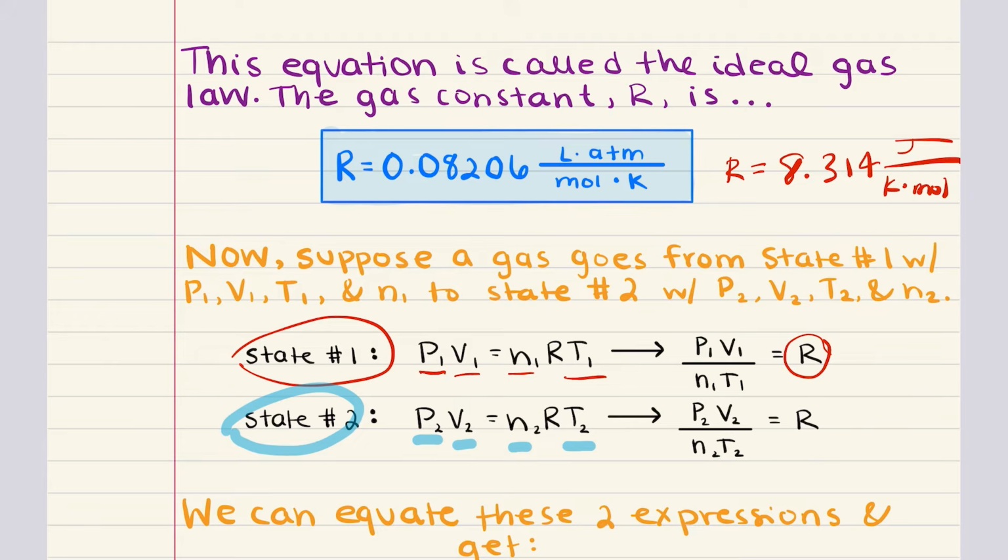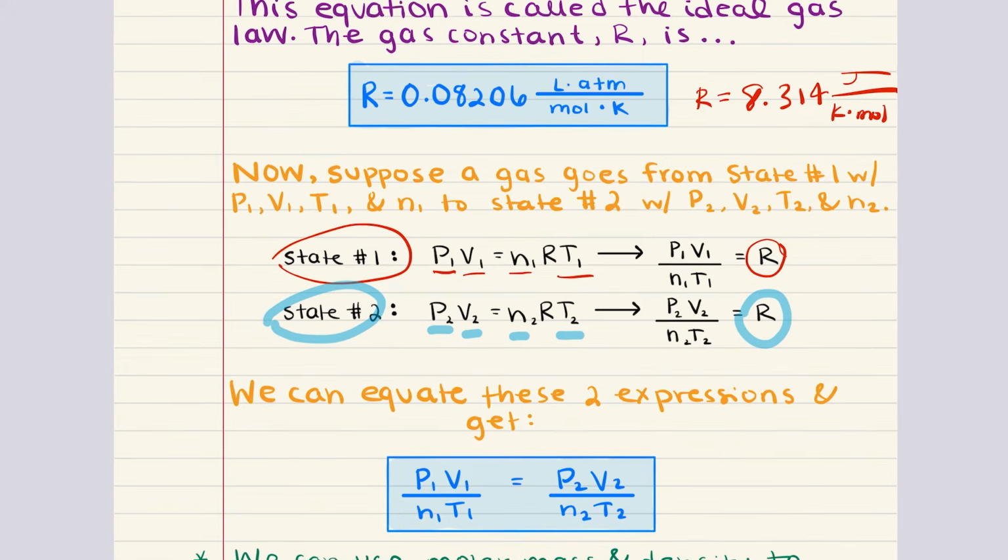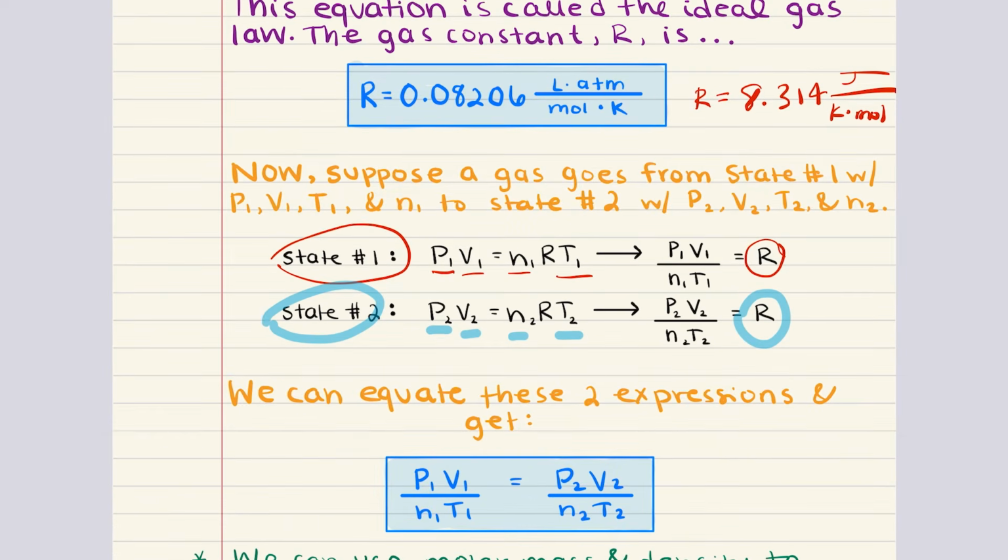And we can write for state 2 that R is equal to P2 V2 over N2 T2. Since both states are now equal to the gas constant R, they can additionally be related to each other, and we can write the following combined gas law. This is going to be extremely useful for problems that involve a gas undergoing changes in its conditions and solving for some initial or final variable.